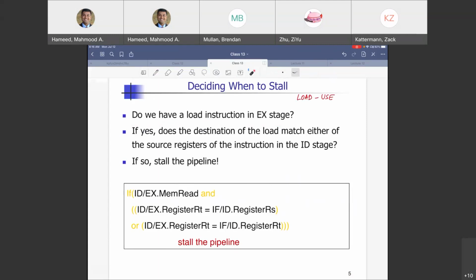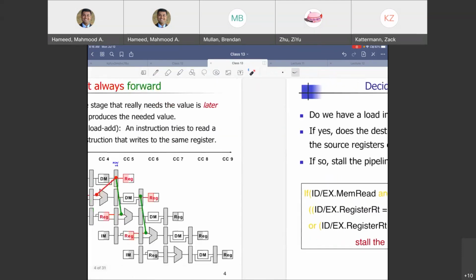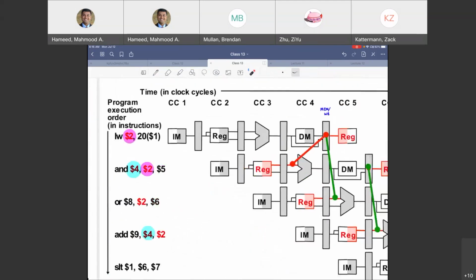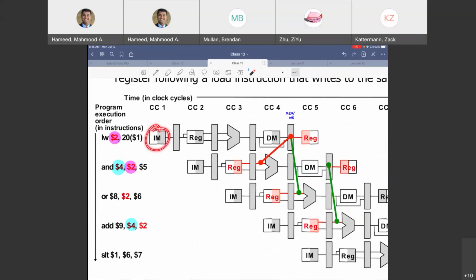there are some conditions that have to be met for you to judge whether this is the situation or not. The first thing is what? Do we have a load instruction in the execute stage? Go back and check. This is your fetch, decode.